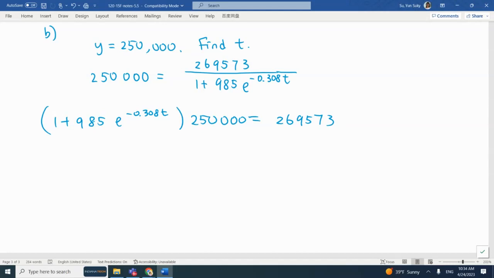You multiply the denominator on both sides, so then the right hand side cancels and we only get the numerator. Is that okay, everybody? Yes. Okay.